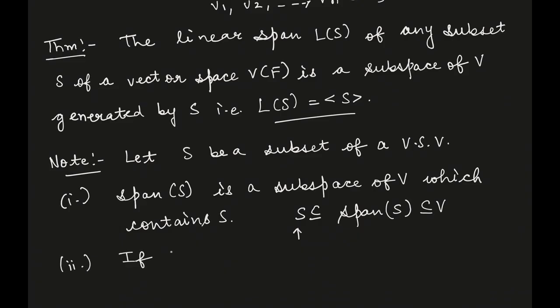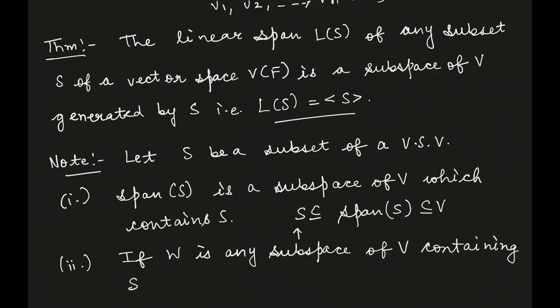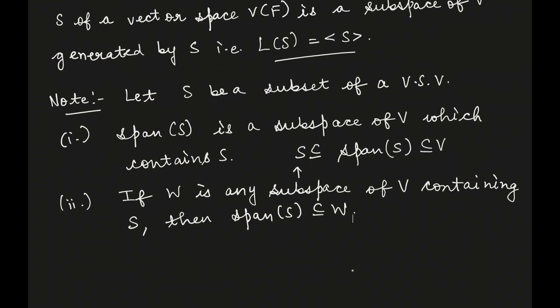Second thing, if W is any subspace of V containing S, then span of S is contained in W. Now, span S is also a subspace of V. W is also a subspace of V. But there is a restriction on this span of S. In this span of S, all the possible linear combinations of this set S is there.